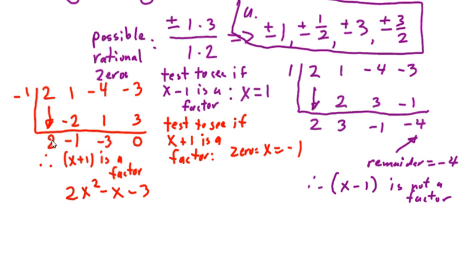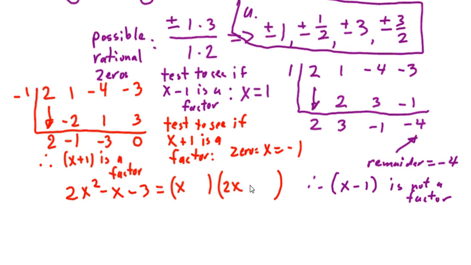we get this from up here, 2x squared minus x minus 3, and we can factor this out probably without having to go through synthetic division. Our factors of 2x squared are 2x and x, and we can experiment around here. We're going to have minus 3, so we need negative 3 times 1.